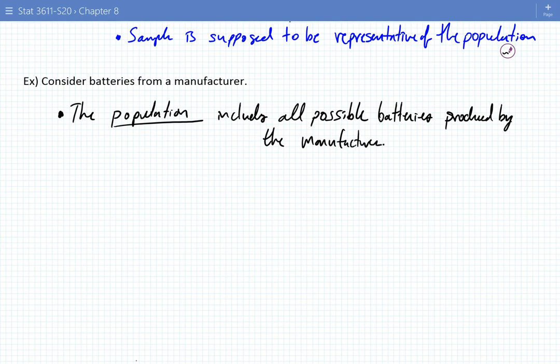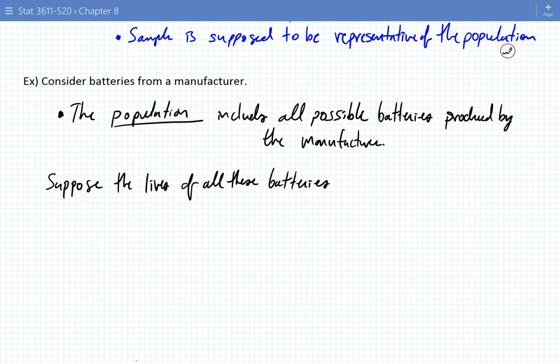Now, suppose the lives of all of these batteries follow a normal distribution. The lifetime of the battery, the lives of all these batteries, follow a normal distribution.